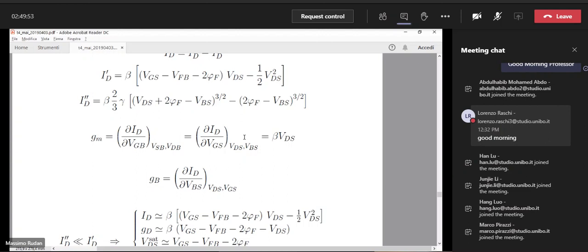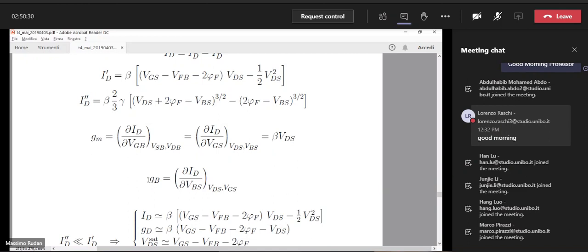Finally, we have the derivative of ID with respect to VBS. This is complicated because we must determine the derivative of ID second. That is the only block that contains VBS, okay? The result is GB, and GB is called the bulk transconductance, okay?